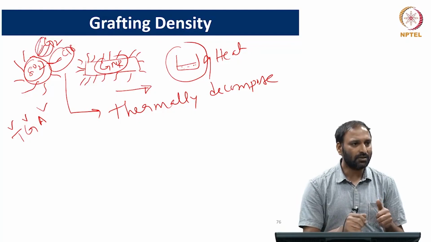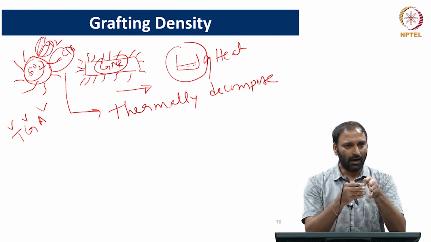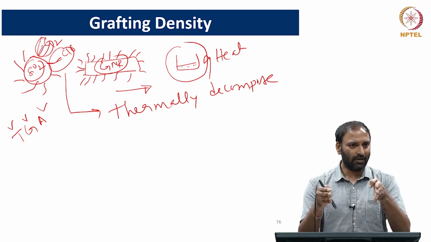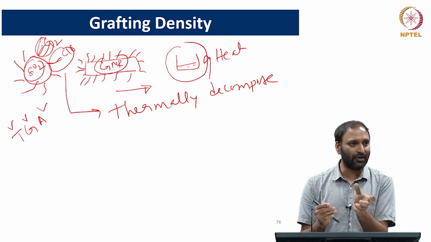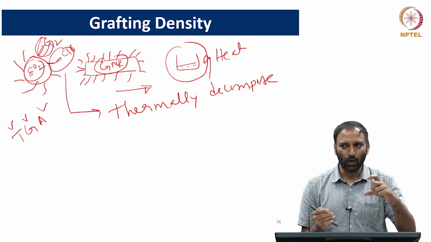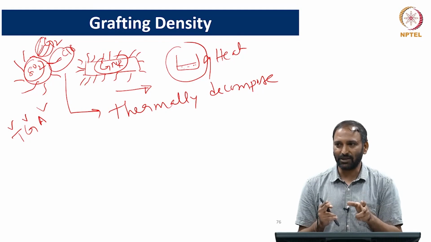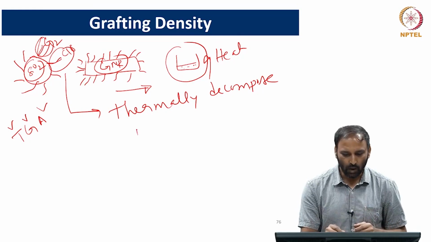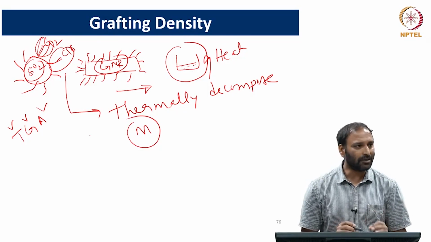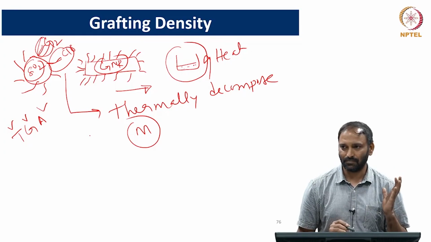These molecules start decomposing at a particular temperature and their decomposition ends at a particular temperature. If you know the temperature range where they decompose and estimate the change in mass in that window, I can get the total mass of all the grafted molecules in the sample.